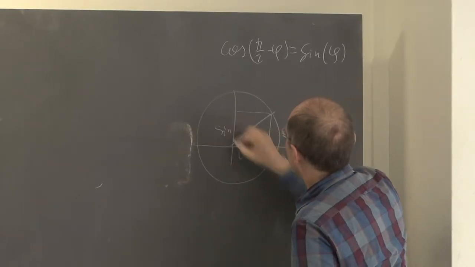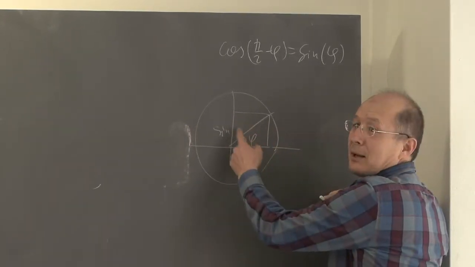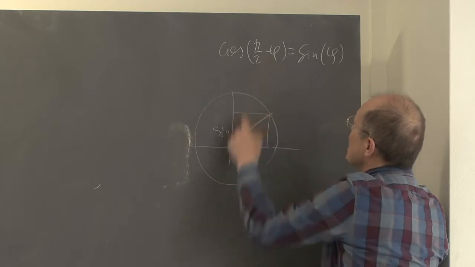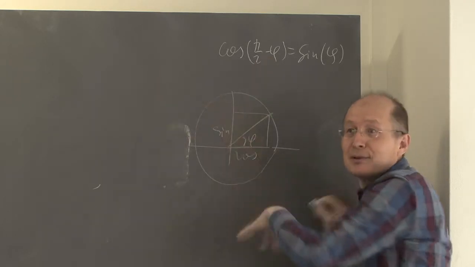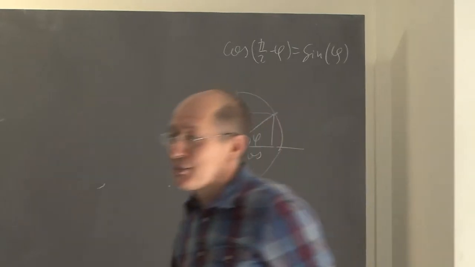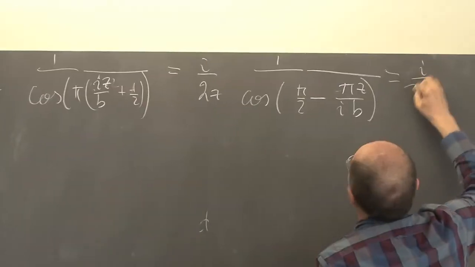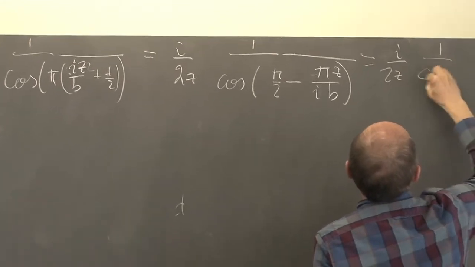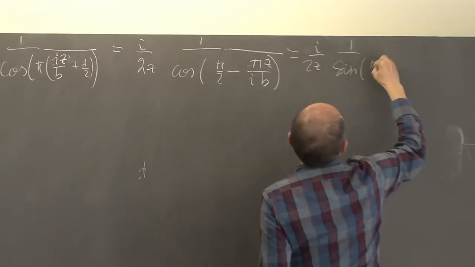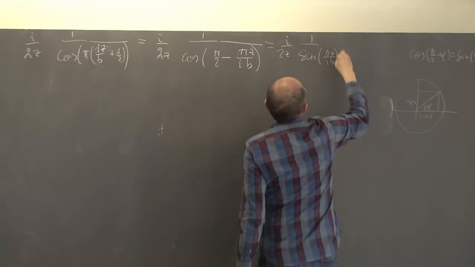This is sine. And when we change the angle like this, sine and cos interchange. So this is i over 2z, 1 over sine of pi z over ib.